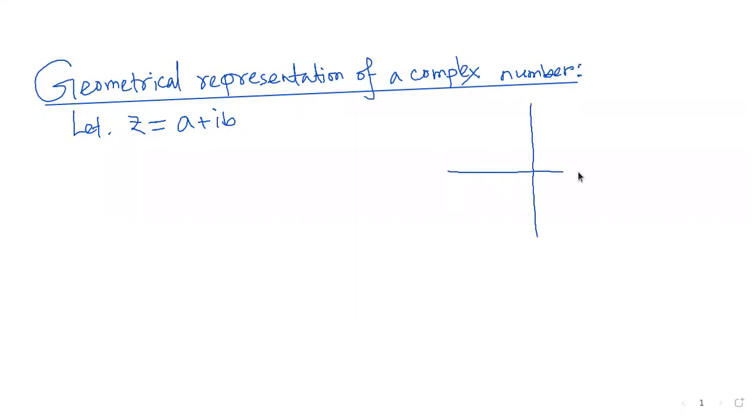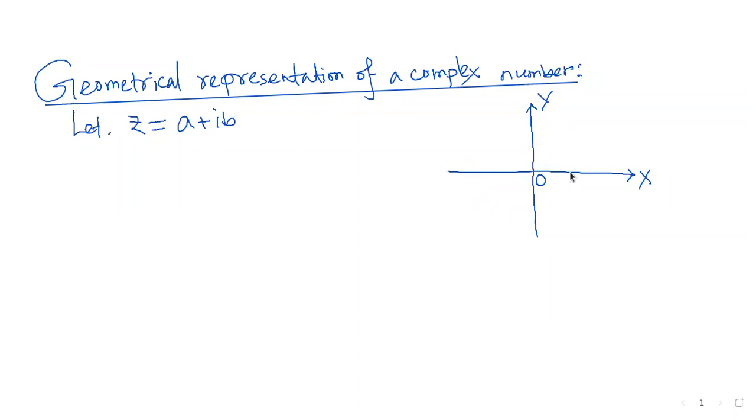We know that this is a complex plane. This is the real axis and this is the imaginary axis. In geometry, we say that this is the x-axis and this one is the y-axis.